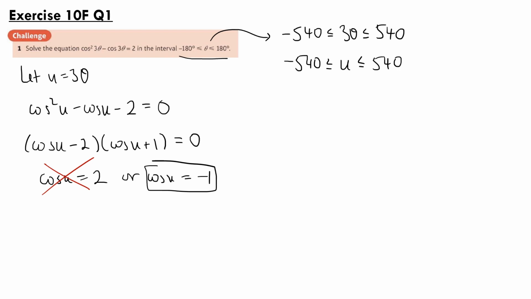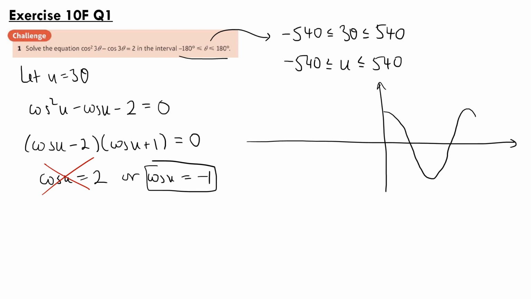And if we draw out the graph of cos of x from minus 540 to 540, so we're starting from 1 up here, going up and down, and the same on the other side.